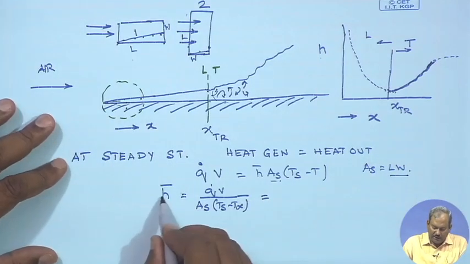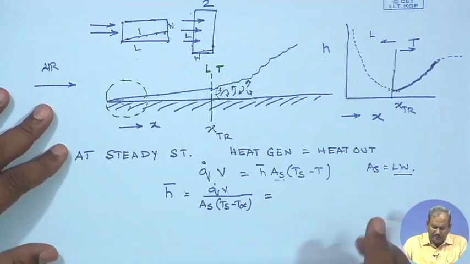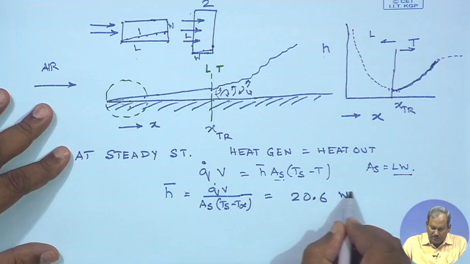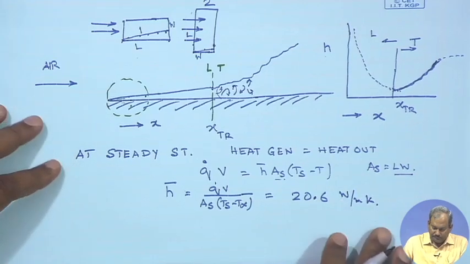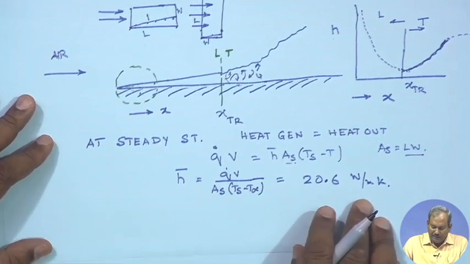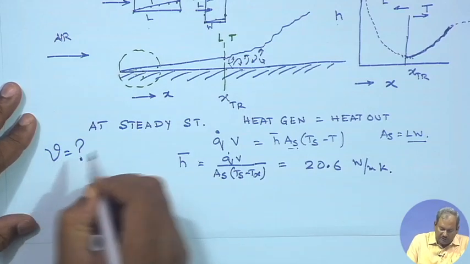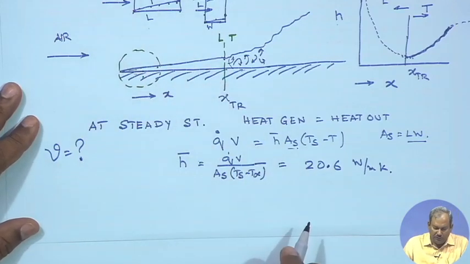So, you should be able to calculate what is the value of the average heat transfer coefficient, which would be 20.6 watt per meter squared Kelvin. So, the value of H is known to you. What you need to do is find the velocity of air which is going to flow over it.